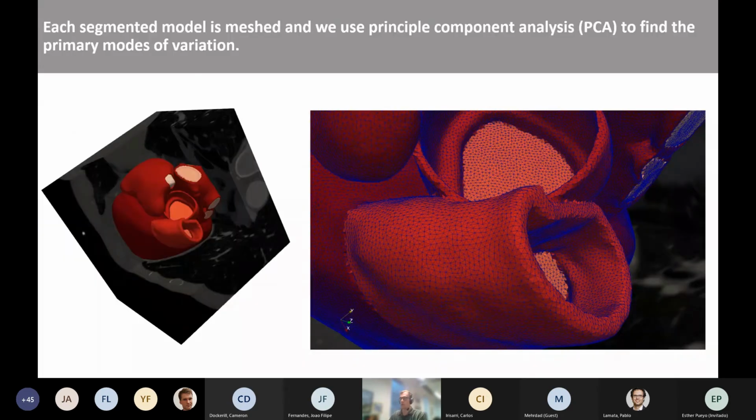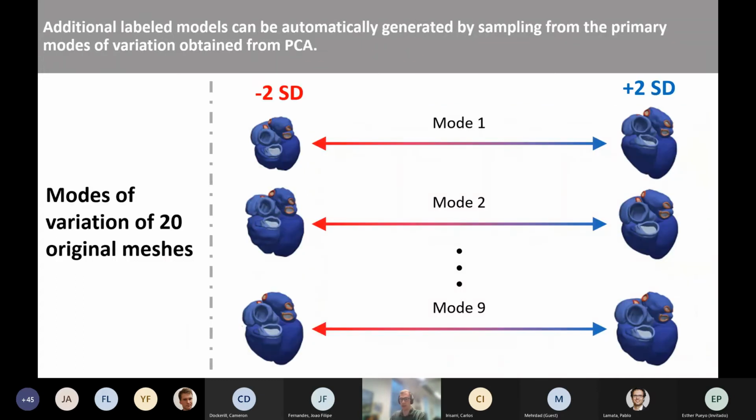The way that works is each model is meshed, and we use principal component analysis to find the primary modes of variation. What I mean by that is that we have 9 modes which show different variations of how the shape is changing, and each of those encompasses a different axis of shape change.